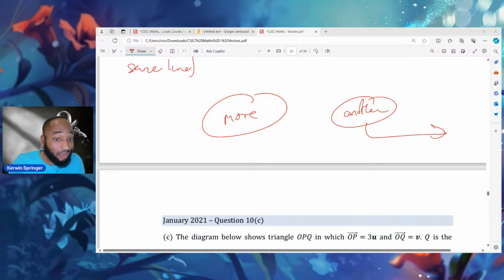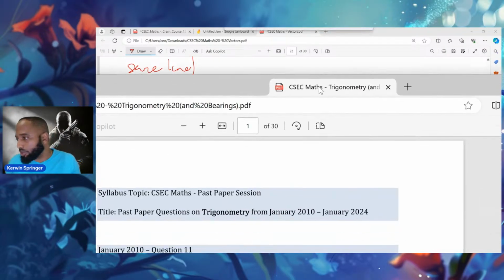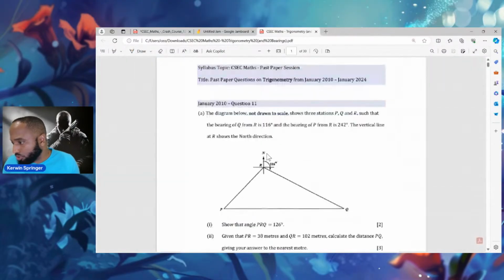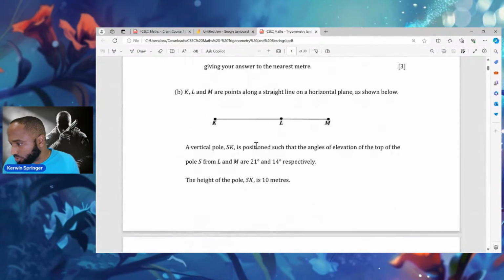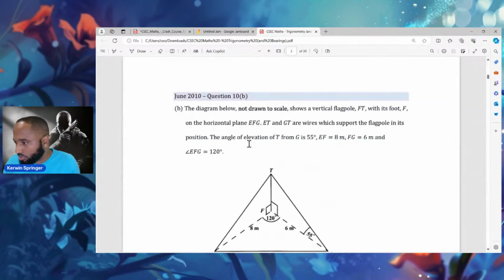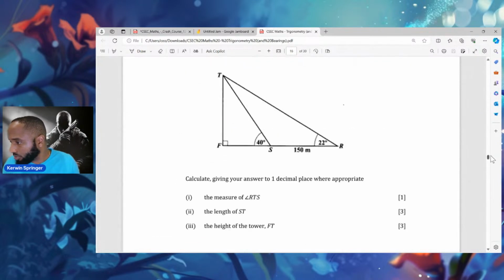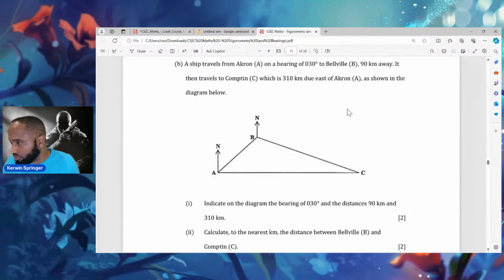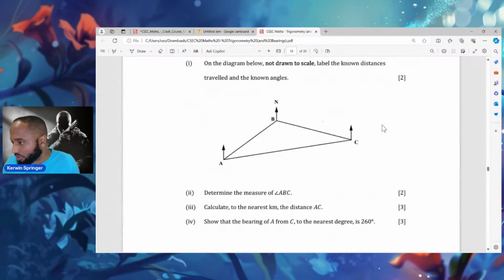Do I have a bearings question for you? Yeah, we have it there.